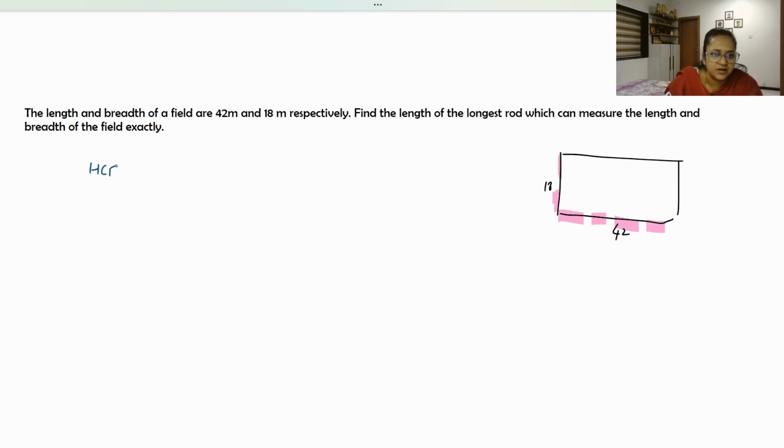So in this case, I'm not writing the statements. HCF of 42 and 18 is going to be the length of the longest rod. See, the statement is important: length of the longest rod that can measure the length and breadth exactly.